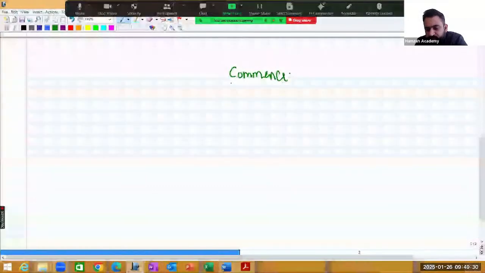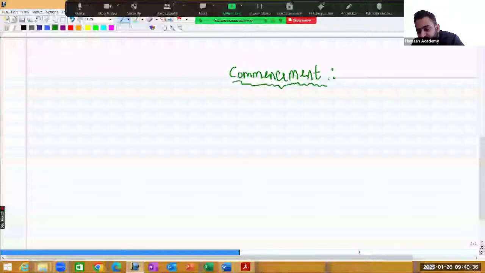Now, when borrowing cost should commence to be capitalized is known as commencement.